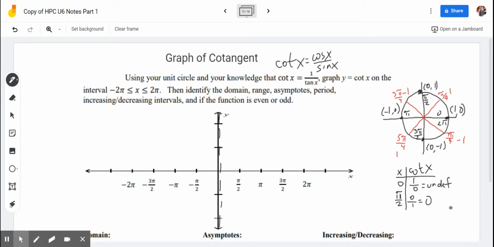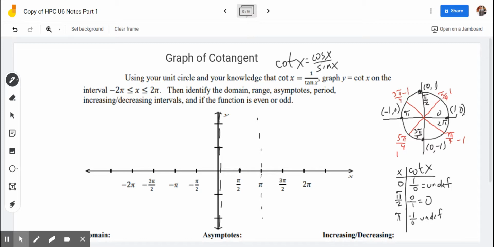And then at pi, if we do x over y, it's going to be negative 1 over 0, so it's also going to be undefined there. So that means we're going to have a vertical asymptote at pi radians. At pi over 2, we're at 0.